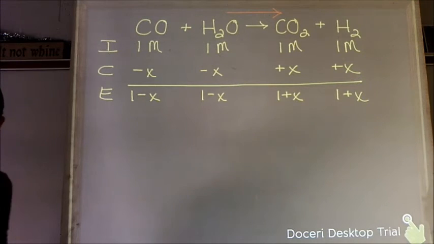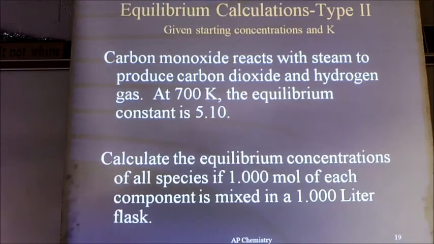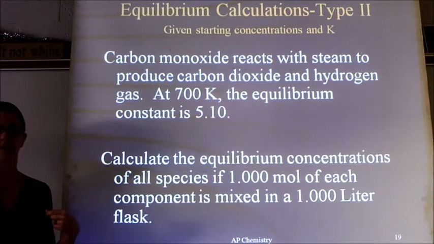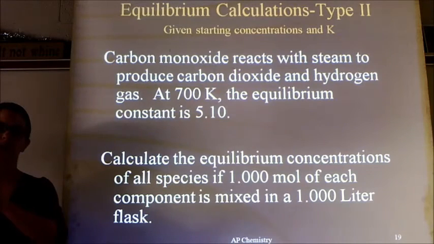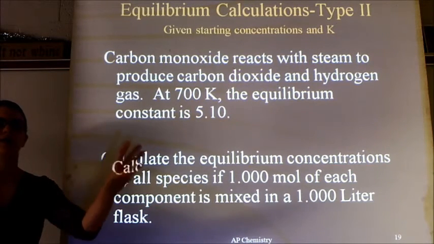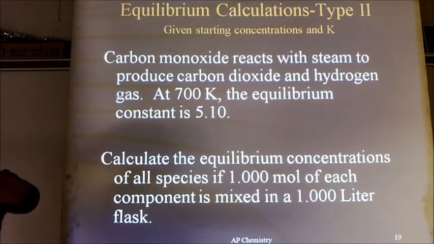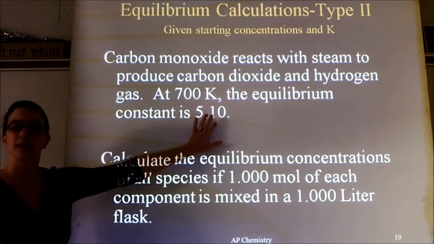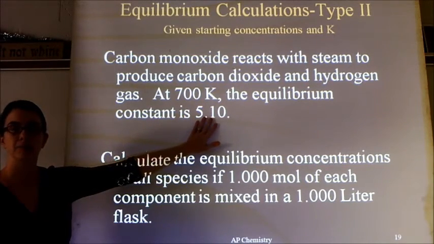Let's go back to the original problem. The two previous problems we did, you were given one of the equilibrium values for either a reactant or a product. We're not given that in this situation. We are, however, given the value for K.